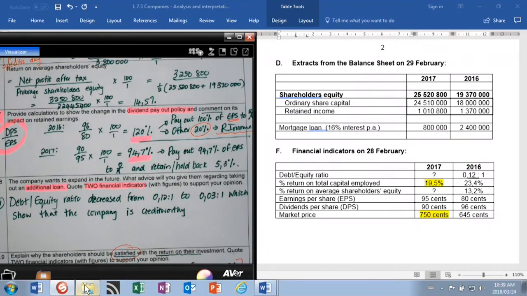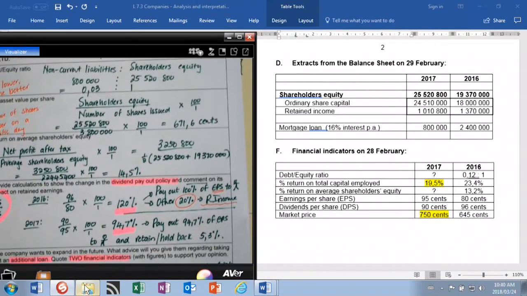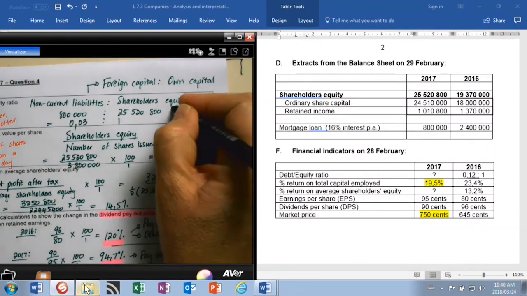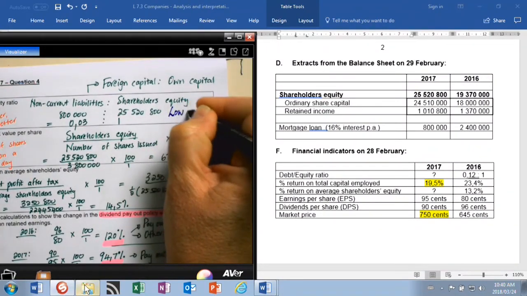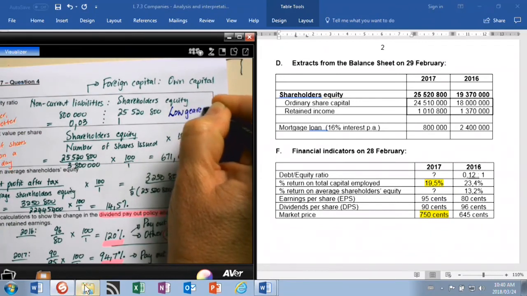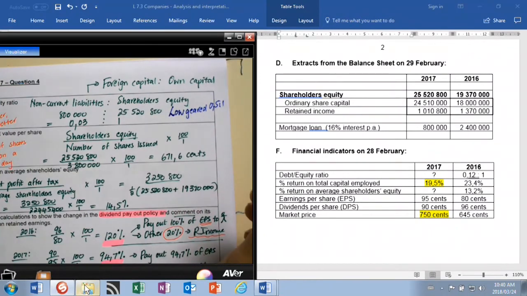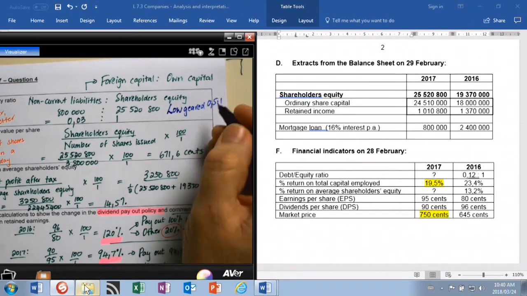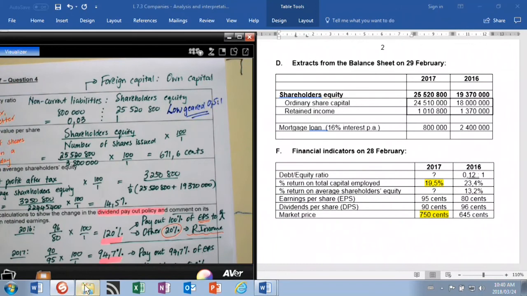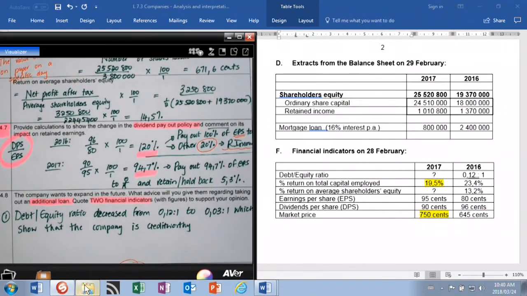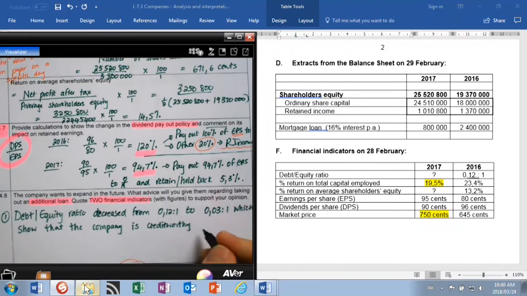For the debt equity ratio, the norm is, or we say low geared, 0.5 to 1 and lower. Okay, so that means that you are credit worthy, and low geared means that you run low on foreign capital. So it's credit worthy and low geared.